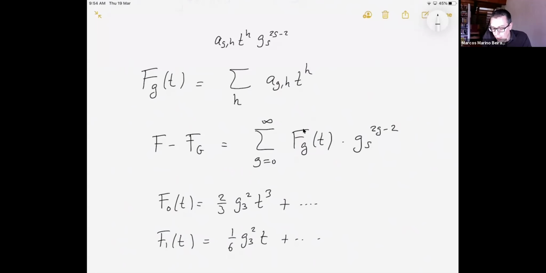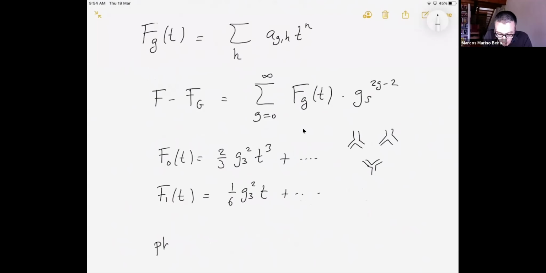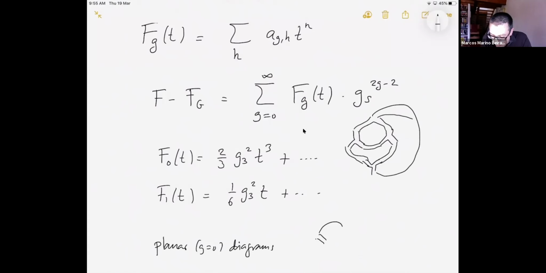So for example, if you start doing 3 interactions, well, you could get a planar, so g equals 0, diagrams with an arbitrary number of interactions, right? You could have, for example, something like this. So you could have this, and this, and then this, and then I will have to add another vertex.